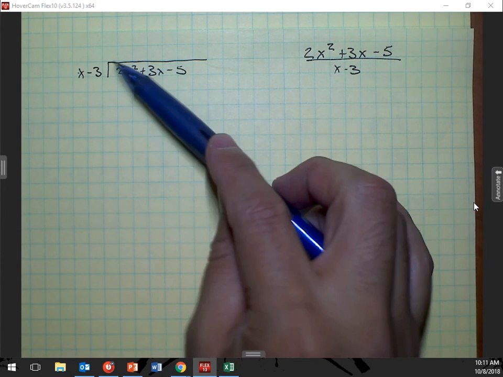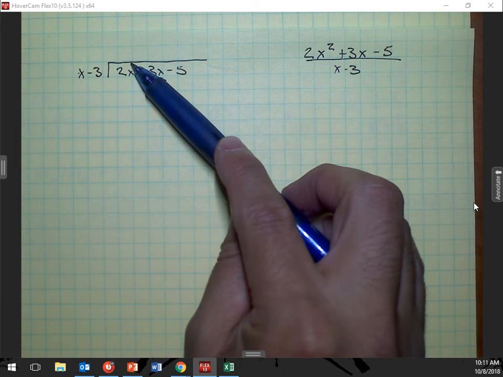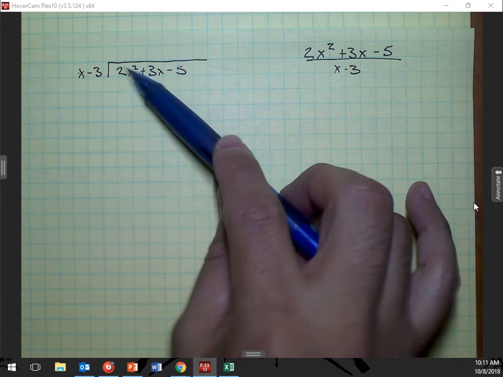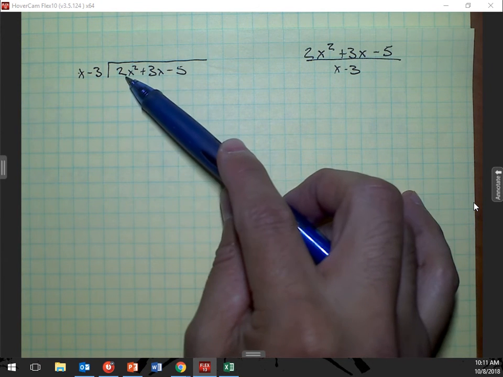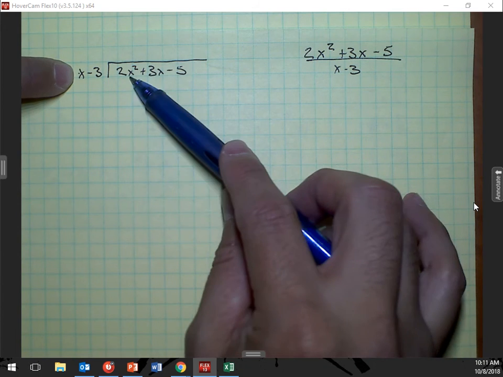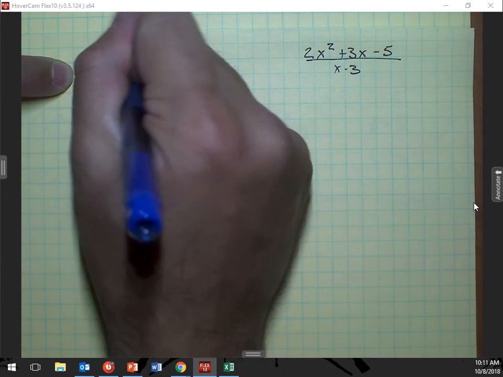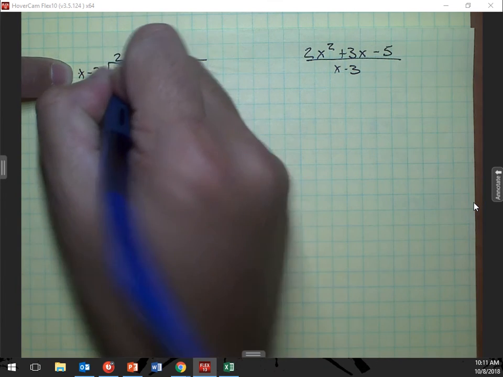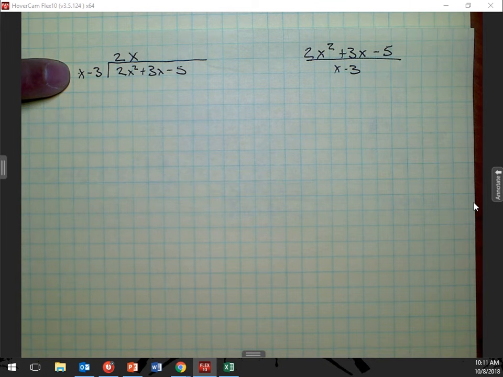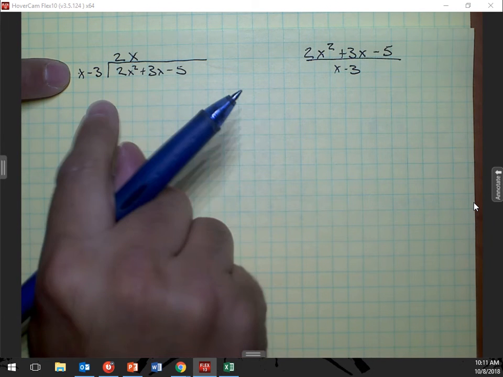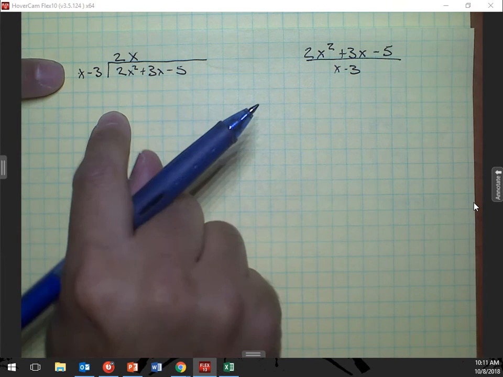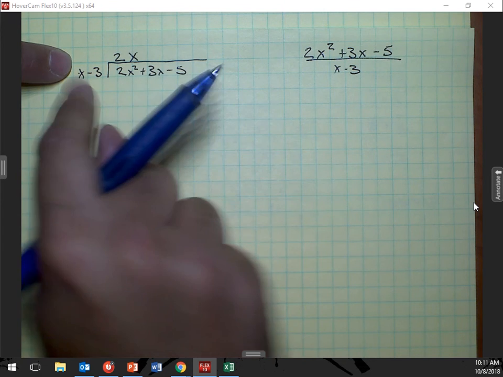Right? Okay, so now for right here. How am I going to match this one right here? It's missing an x, so I multiply by 2x, right? Is everyone okay with my 2x? So I got 2x, and I'm going to use that.